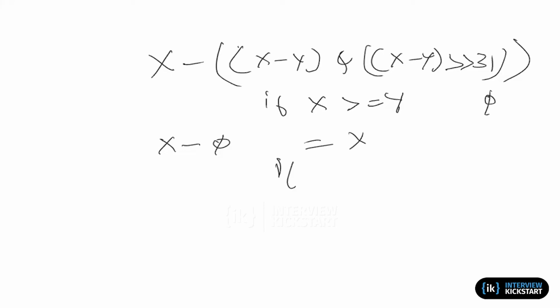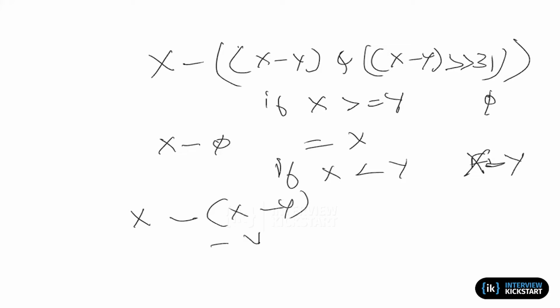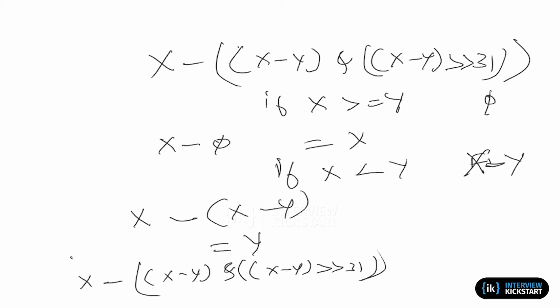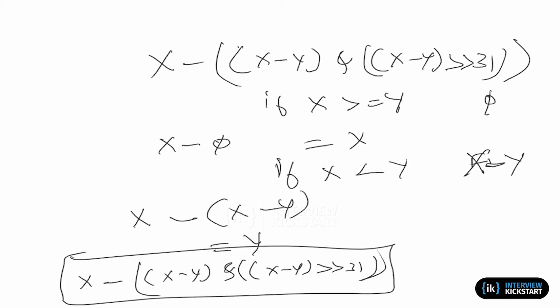If X was less than Y, the mask was FFFF, so the AND gives X minus Y, and X minus (X minus Y) gives you Y. So the complete expression is X minus ((X minus Y) AND ((X minus Y) right shifted 31 bits)). This is one answer.